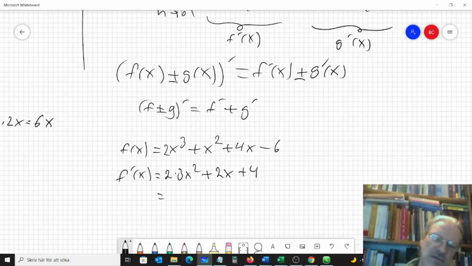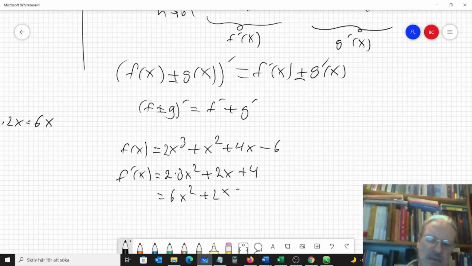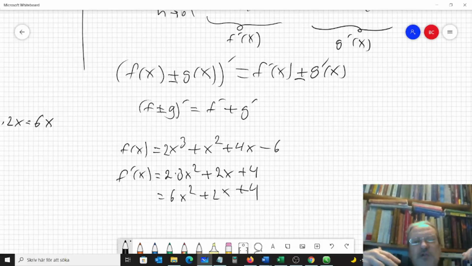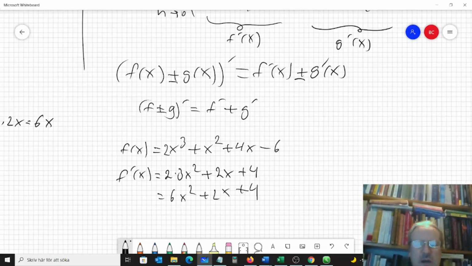And that can be simplified to 6x squared plus 2x plus 4. And now we found a derivative just through using derivative rules without having to resort to the definition of derivatives.